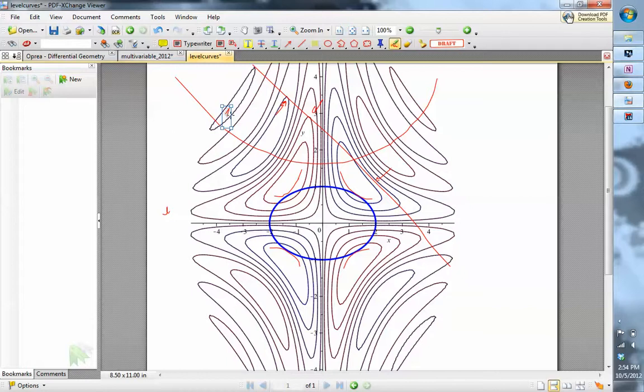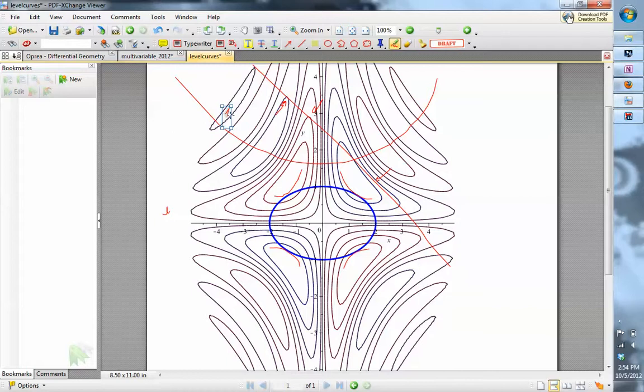Now, how do we make that happen algebraically? Well, I think it was in section 5, we came up with a quantity that was perpendicular to level curves. Remember what that was? Gradient? Yeah, the gradient at a point is perpendicular to the level curve of the function through that point.